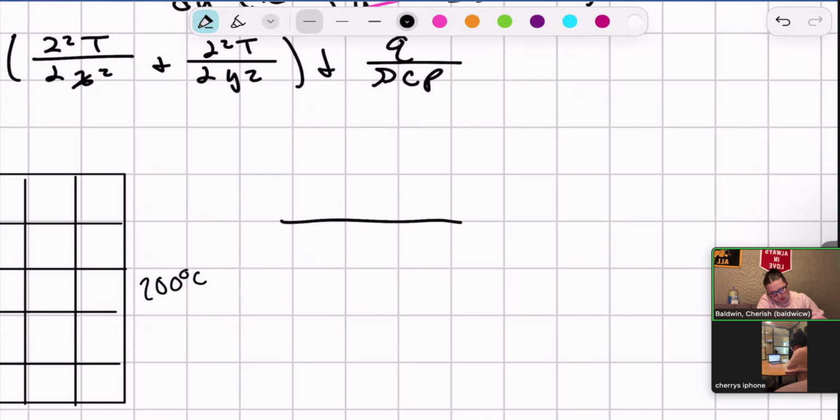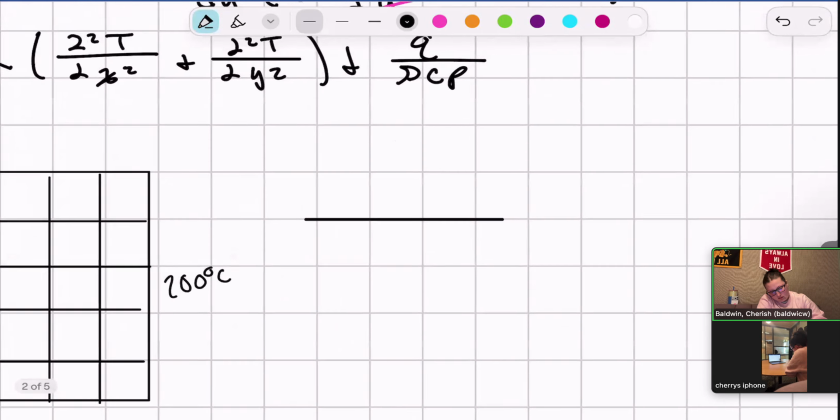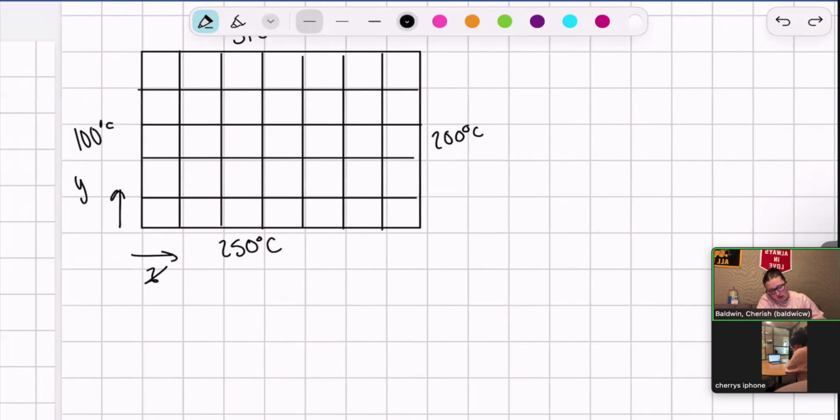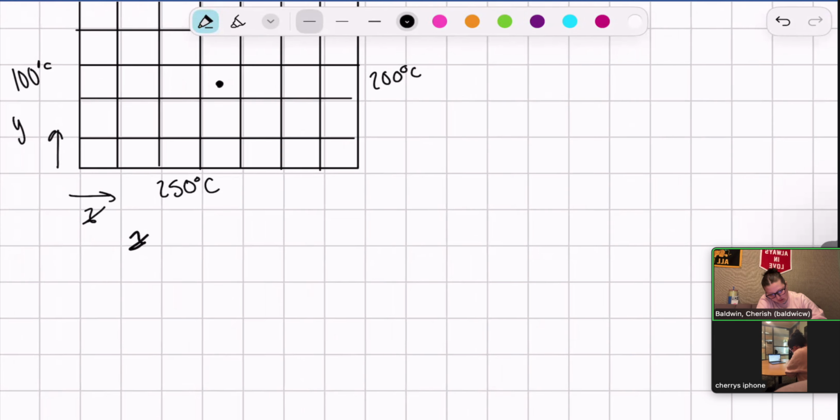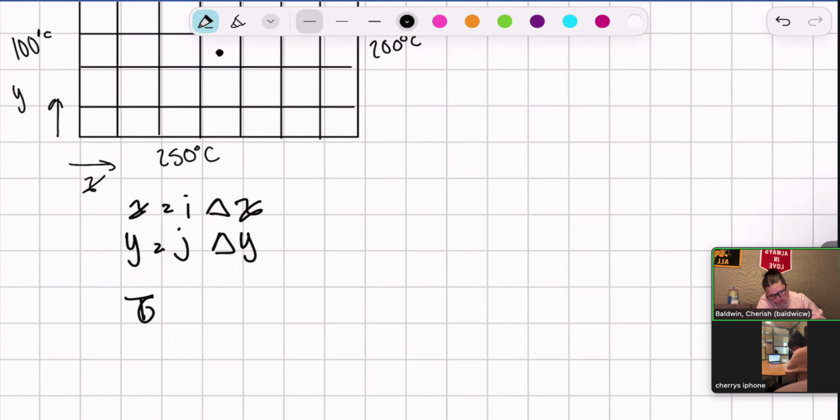We're first going to start with the energy storage. This is a coordinate system, the two planes. We're going to say that x is equal to i delta x, and y is equal to j delta y, and time is equal to n, at i j.